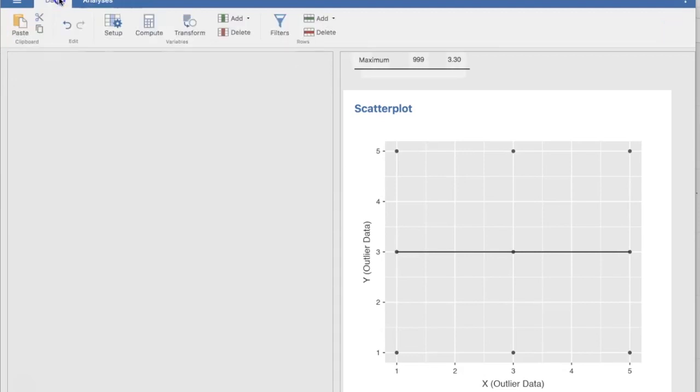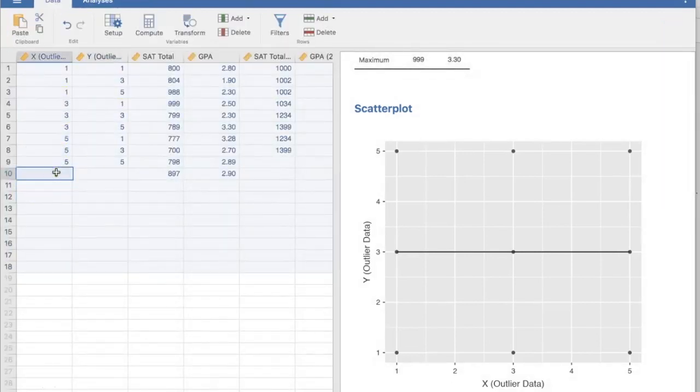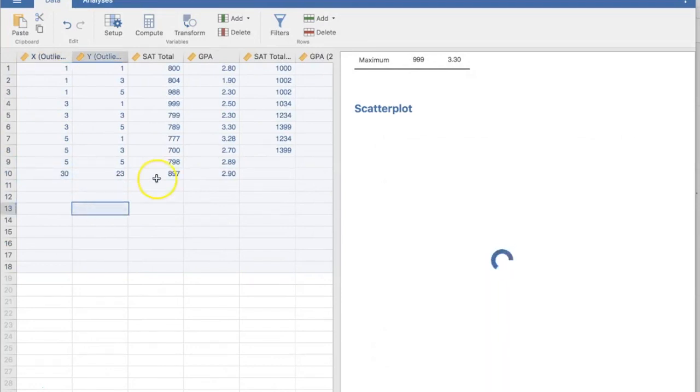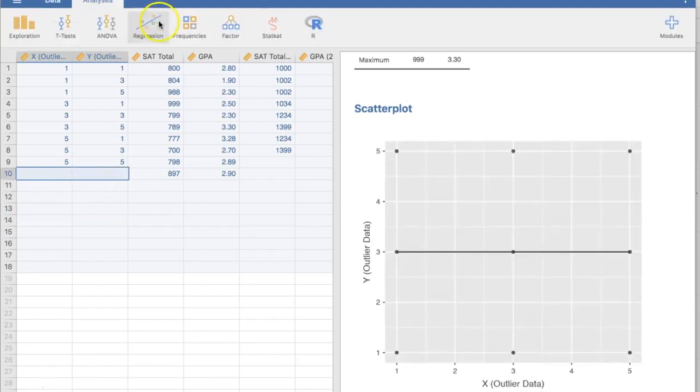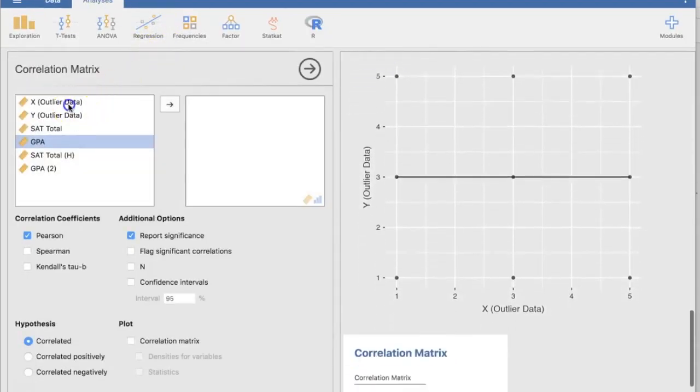Now let's add an outlier to our data. Let's say, I don't know, 30 and 23. So let's see what happens to the scatter plot. Ooh, yeah. And you can see it's trying to fit the line as well. And it's saying it's pretty positive. So let me remove this again. Let's try to do the correlation for that data.